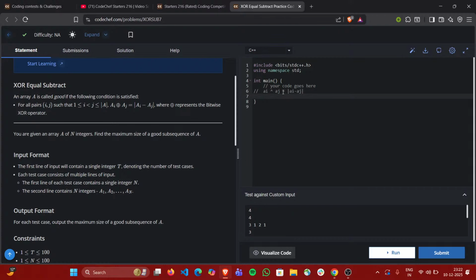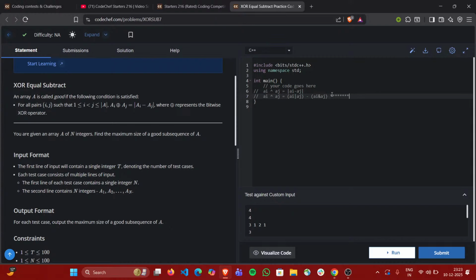So if you are not aware of dynamic programming, you can skip this question because it's based on a dynamic programming approach. Now, also know this property of the XOR operator, if you are not aware of it: ai XOR aj is equal to ai OR aj minus ai AND aj. This is the property of the XOR operator, and it has to be remembered.